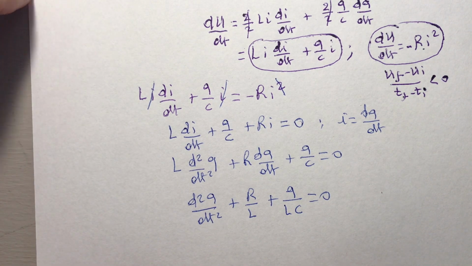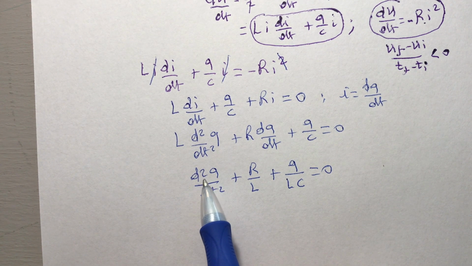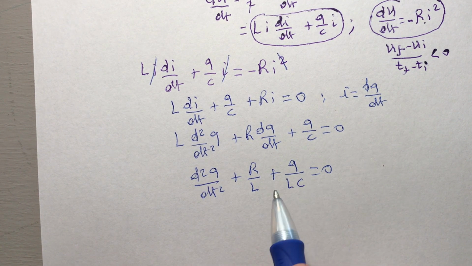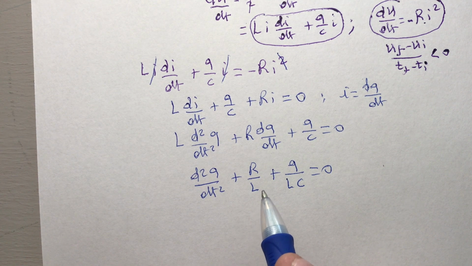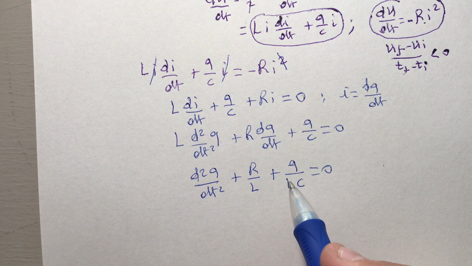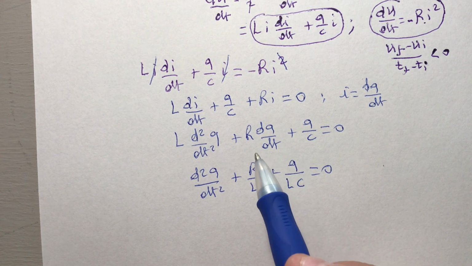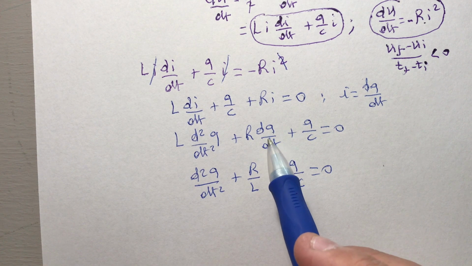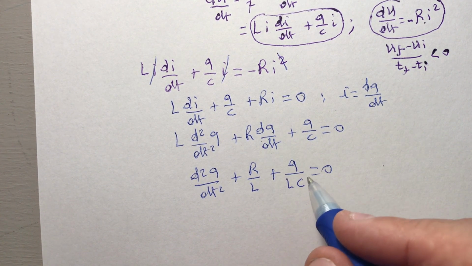Look, this is a second order differential equation. We have the second derivative, and we have the variable. Let me check what I did. I made a mistake, I'm sorry. I have R dq/dt.